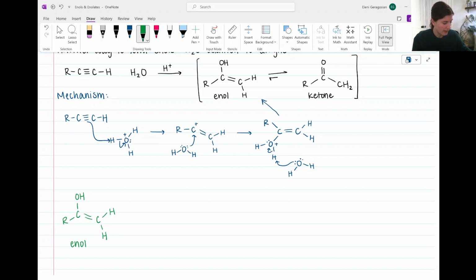Just copy down the enol here. We're in acidic solution, so we have, let's say, hydronium. We're still in the same solution as what formed the enol initially with that alkyne.